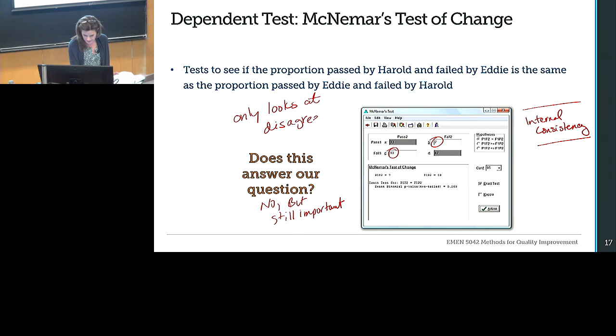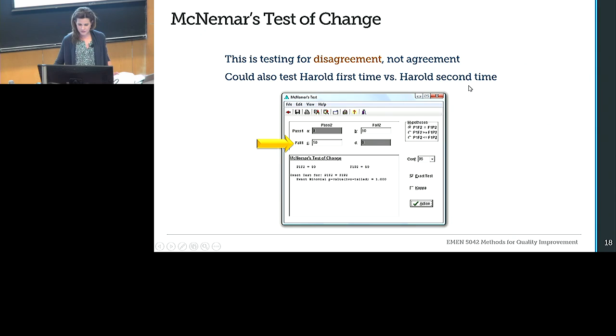Sometimes we call this a test of symmetry. So testing for disagreement, I mean, you could put 0 in these two cells. It doesn't tell you anything about agreement. And like I said, you can use this for testing internal consistency.